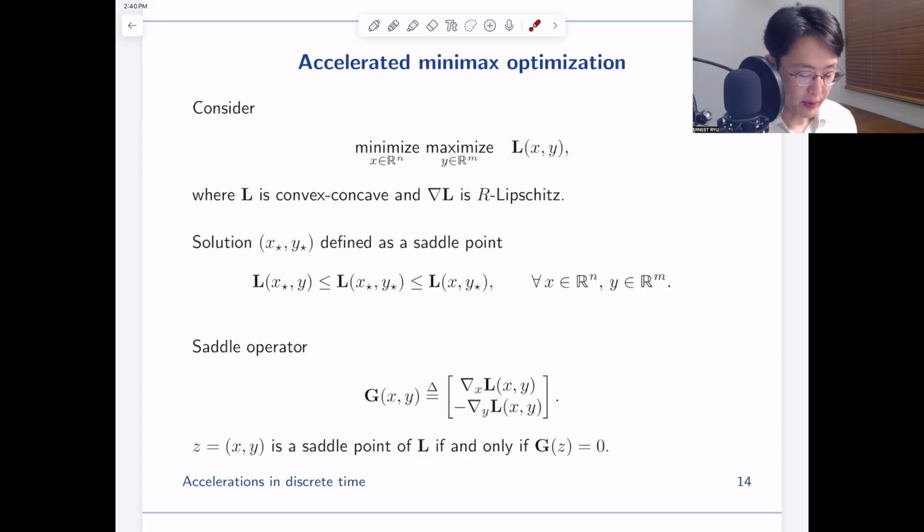Also, if we put the minus sign here, that makes G what's called a monotone operator, so that's another reason why we do this. It can be shown, due to convex-concavity, that a certain point is a saddle point, is a solution, if and only if the output of this G operator is equal to 0.